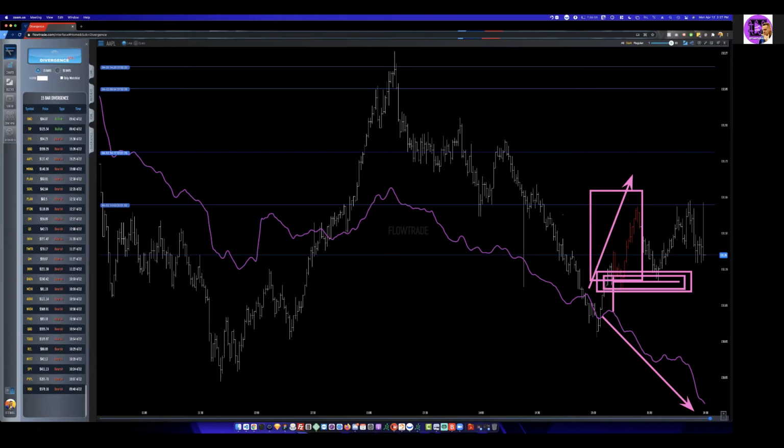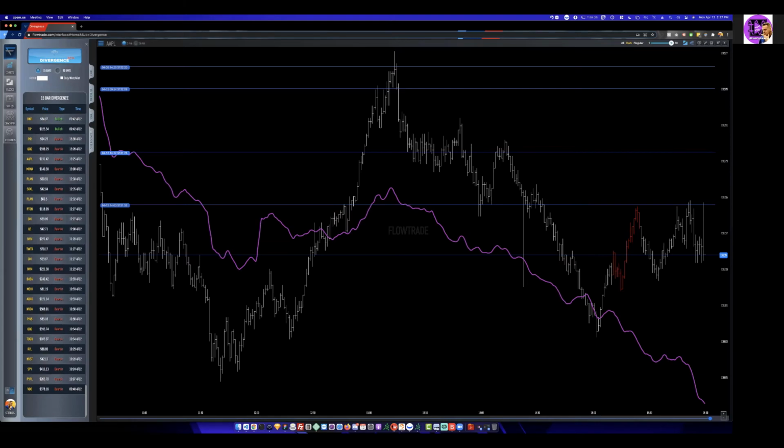So Apple is running into some pretty significant resistance at this 131.50 level, which is where that block trade came in. The 131.50 block trade from today is going to be the resistance.